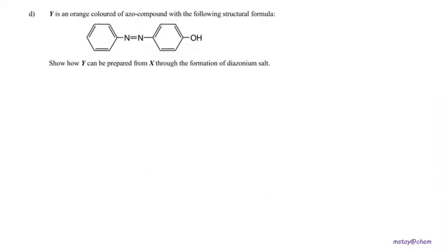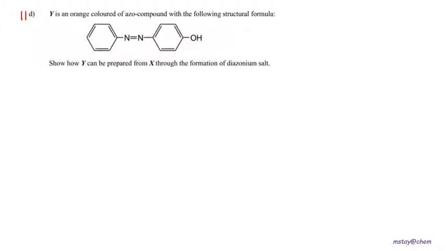Okay, now let's continue to tutorial question 11D, which is one of the two questions that we're going to discuss. Basically, it is more focused on the usage of the diazonium salt.